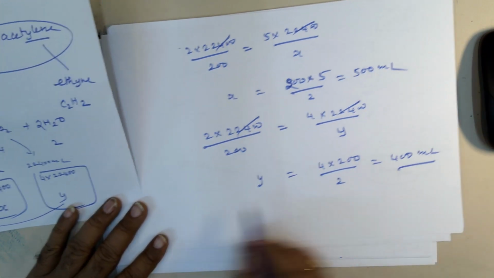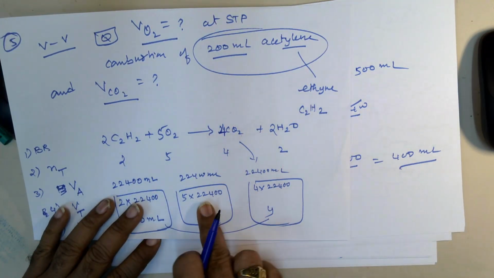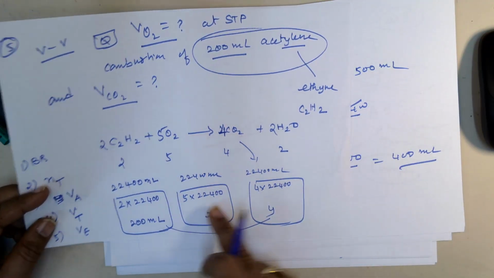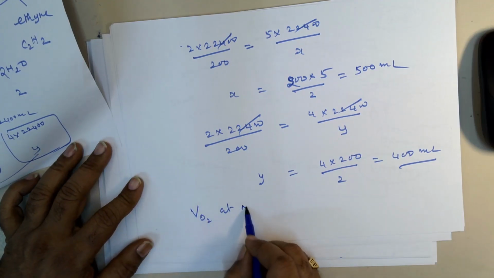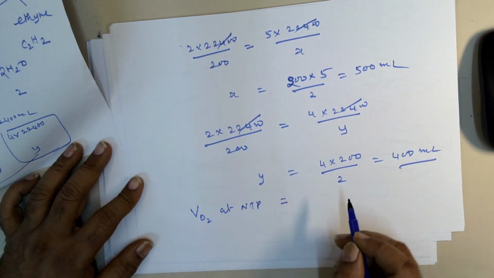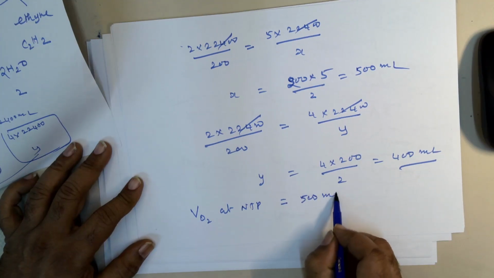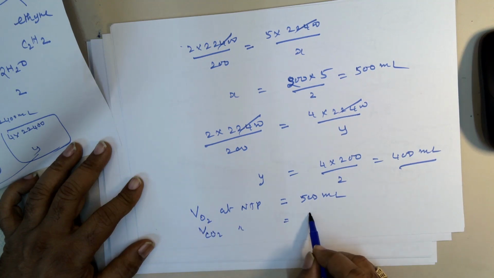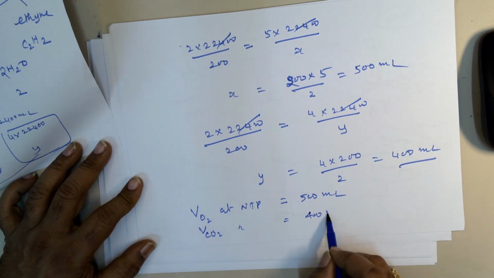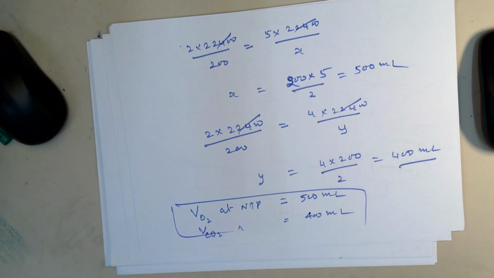Are you able to follow? So now you can declare what is this X? The X is the volume of oxygen. So the volume of oxygen at NTP is 500 ml. Similarly, the volume of carbon dioxide released at NTP is 400 ml. So likewise, you can report the answer.